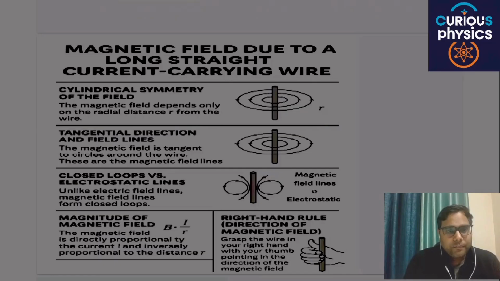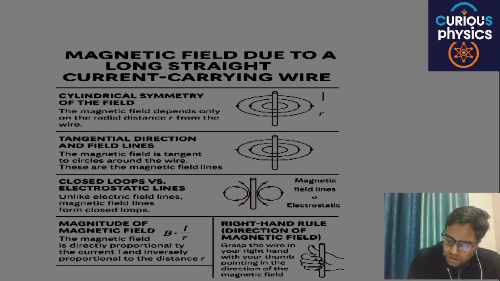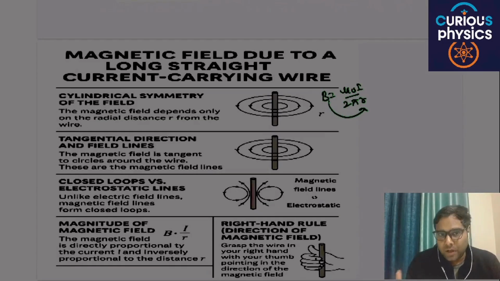The first point is that the magnetic field depends only on the radial distance r from the wire. Here we get the relation B is equal to mu naught I by 2 pi r. So the magnetic field only depends on r.